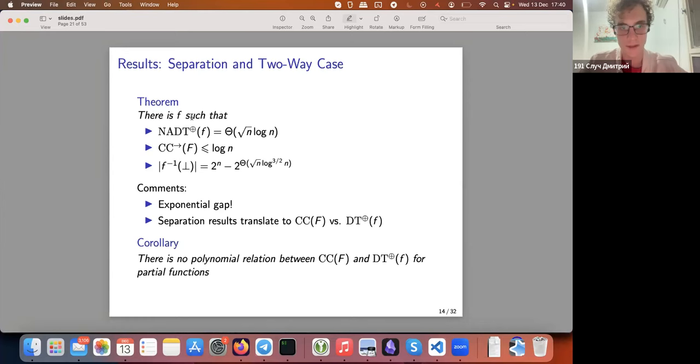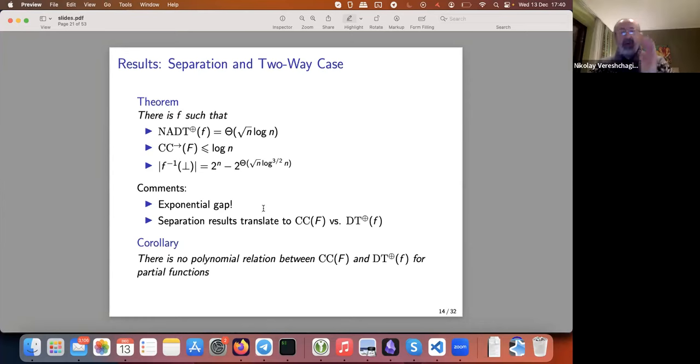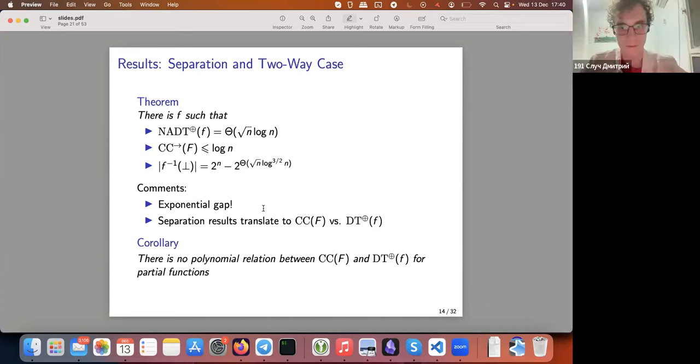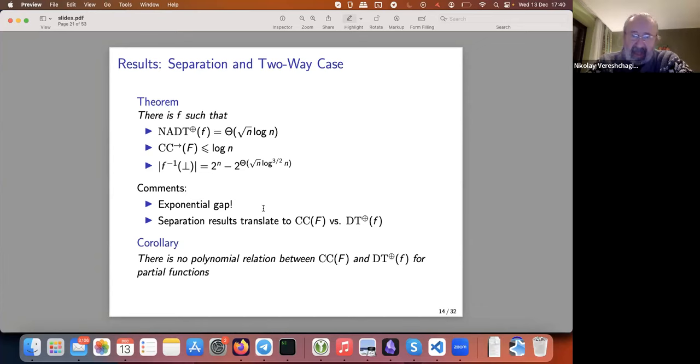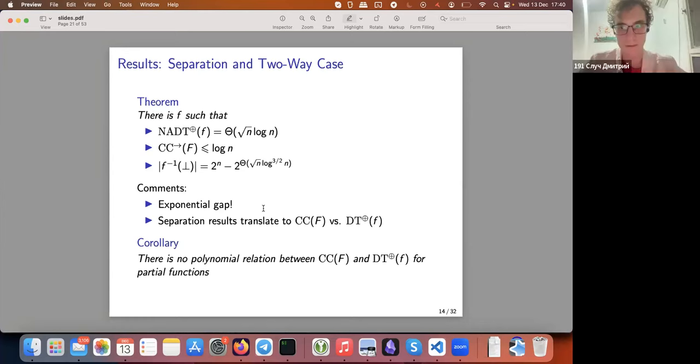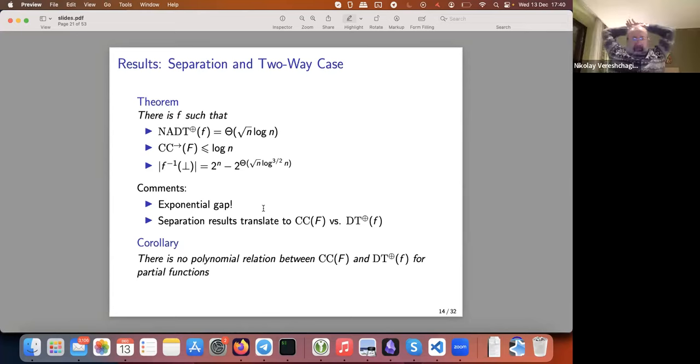It's the way the function f is built. So you also have a separation between one-way communication complexity versus two-way, versus decision tree complexity, right? Yeah.